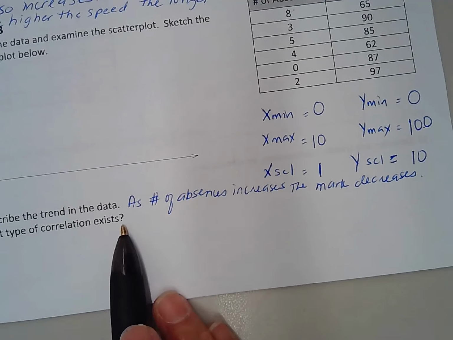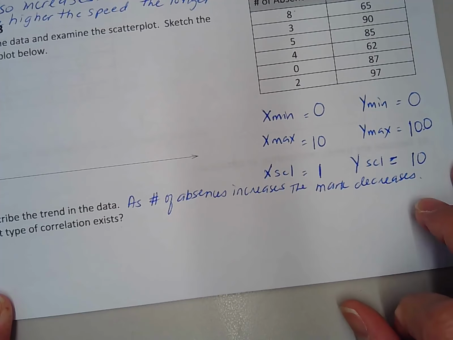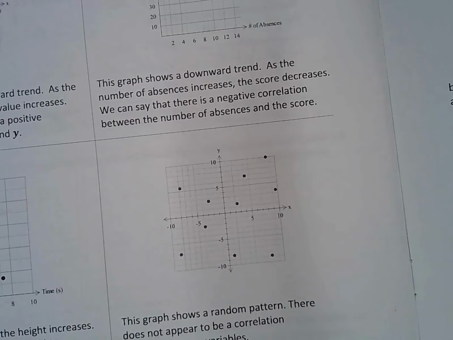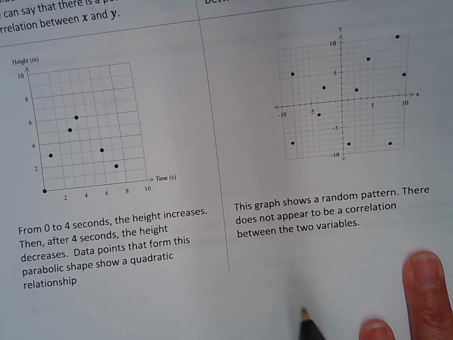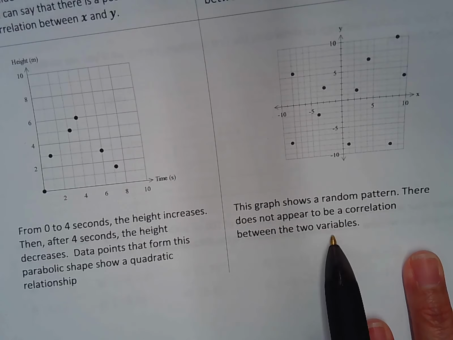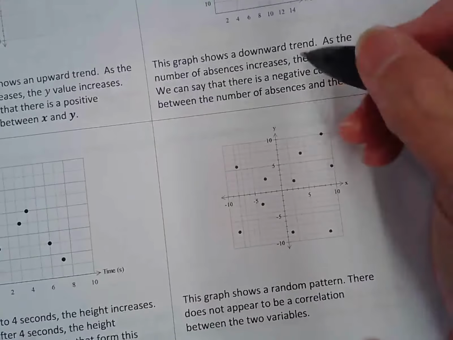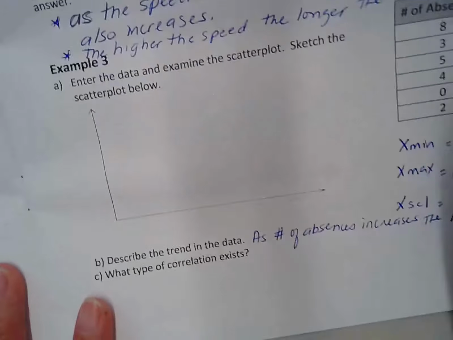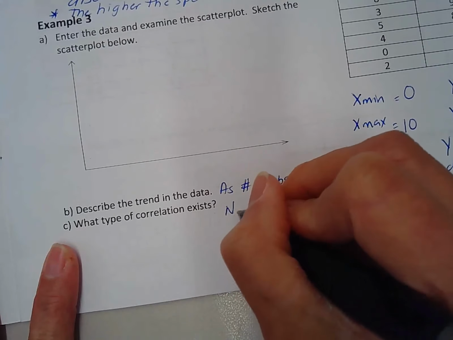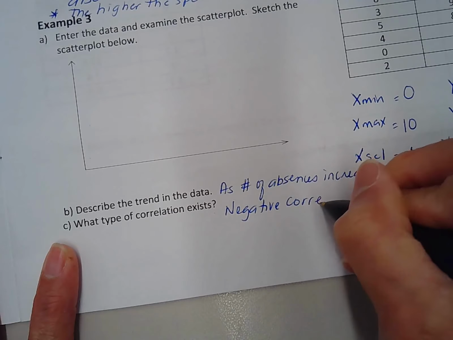And then the next question is, what type of correlation is this? It's a downward trend, so it's a negative correlation. So this one here has a negative correlation.